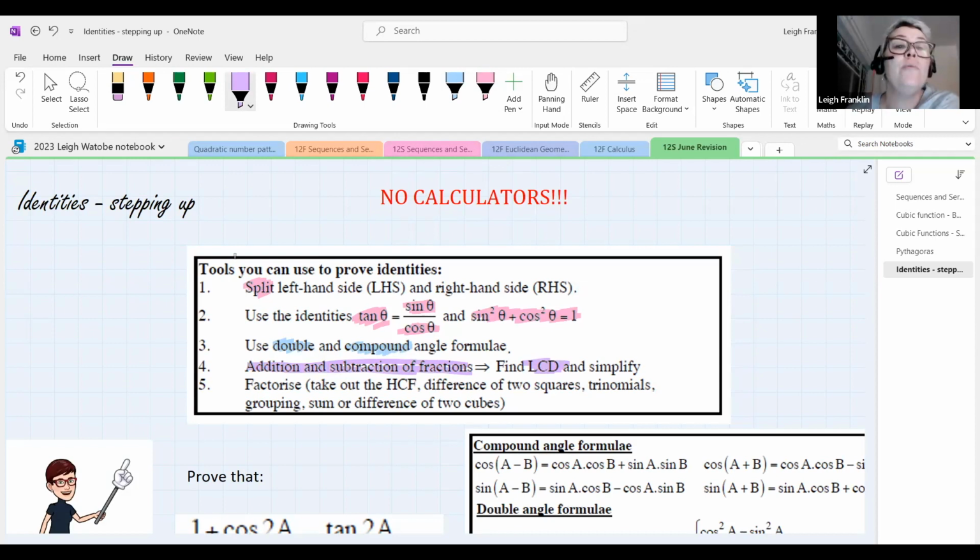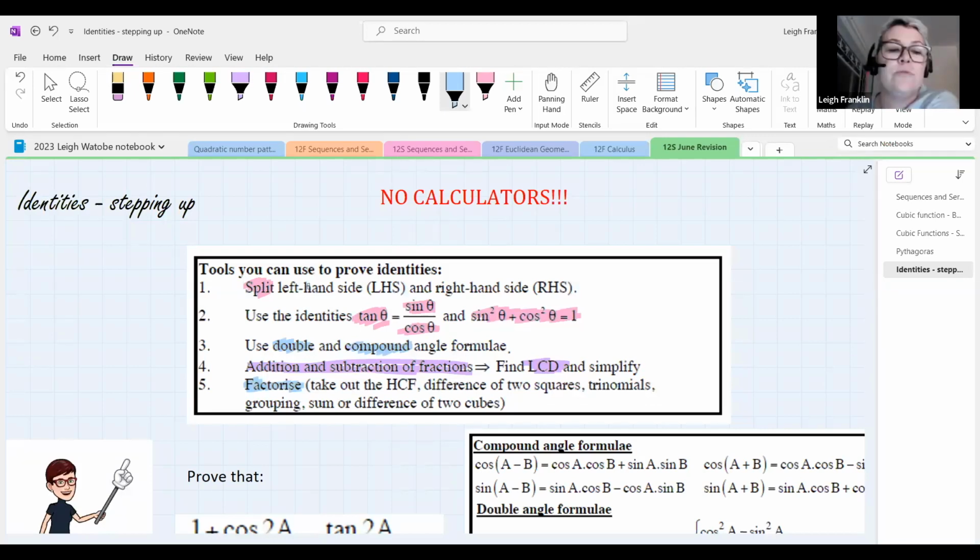And then the other important thing we always need to bear in mind is that we have to factorize. Okay, so you cannot cancel terms, you cannot cancel over plus and minus signs. So you have to factorize. If you've got 2 terms at the top and 2 terms at the bottom, or 3 terms at the top and 2 terms at the bottom, you will need to factorize before you can cancel.